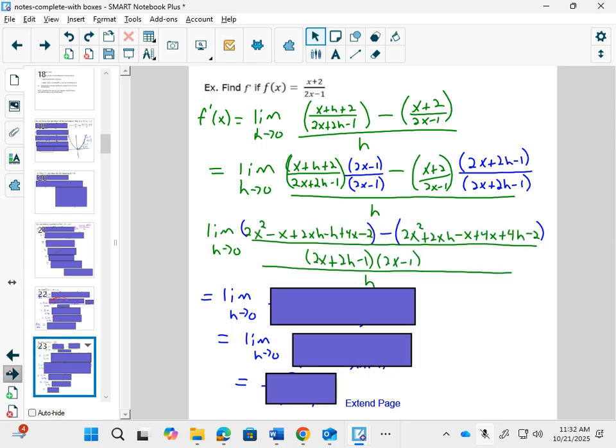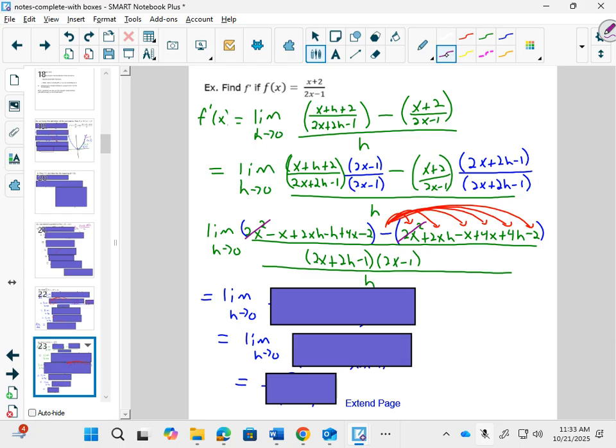Once I get that common denominator, and I'm subtracting, really important, you're subtracting all of this, so I added those extra brackets there to remind us that this negative is going to get distributed to each one. And when it gets distributed to each one, I hope you can see that the 2x squared and the minus 2x squared will go away.